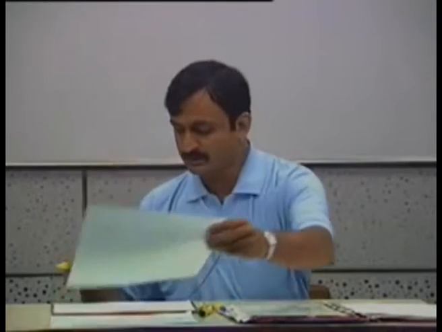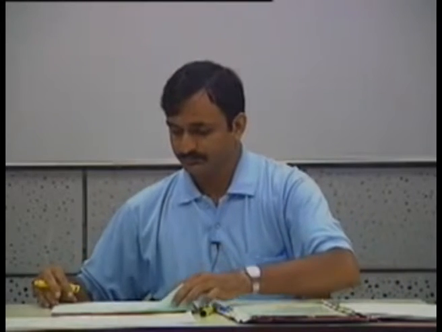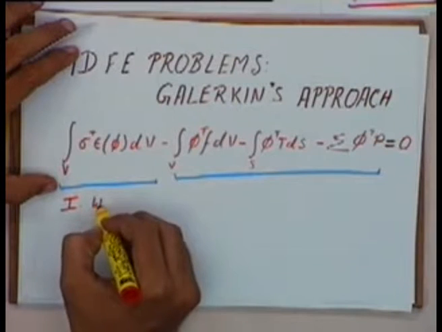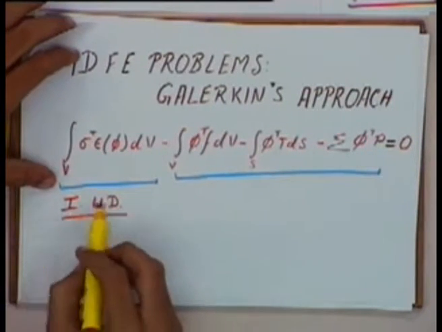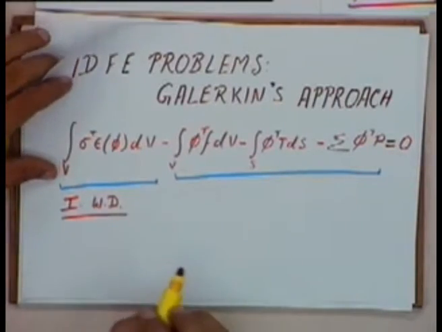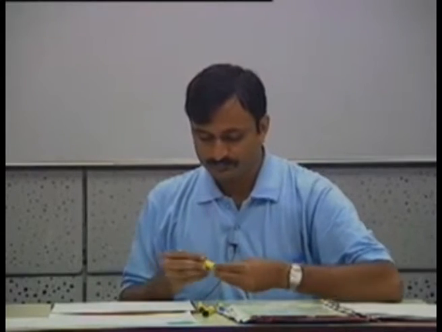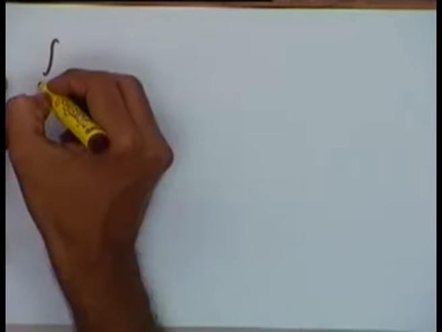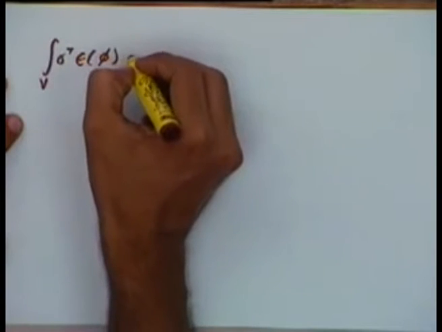If I take these two expressions, I can put them into the first term, that is this term, which corresponds to the internal work done, and if I expand this term for the internal work done, my first term here which is the volume integral of sigma transpose epsilon of phi dV.